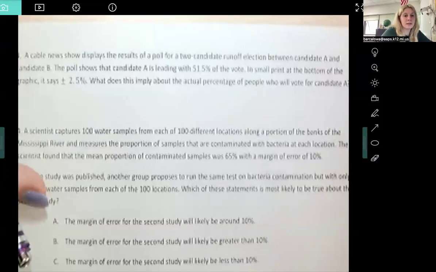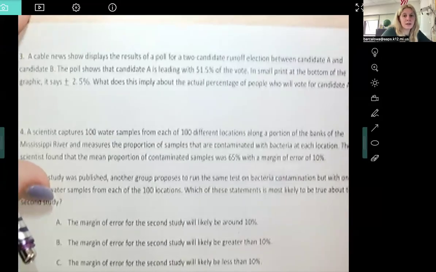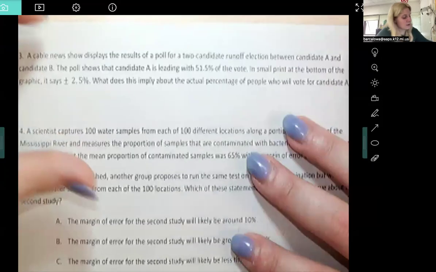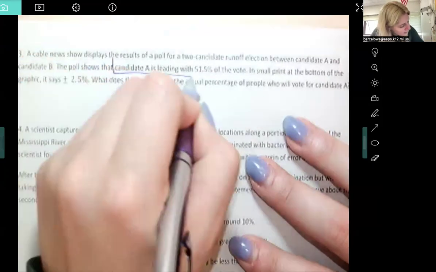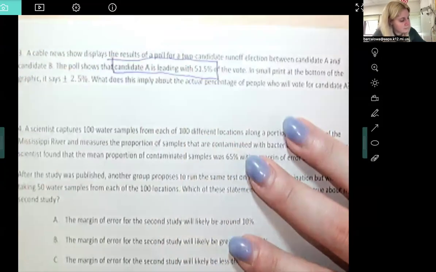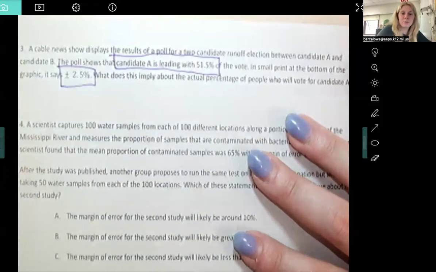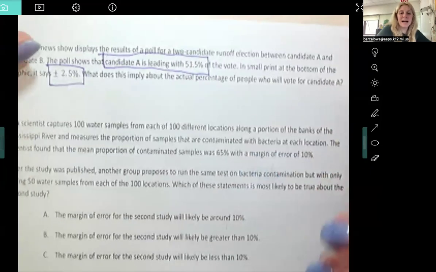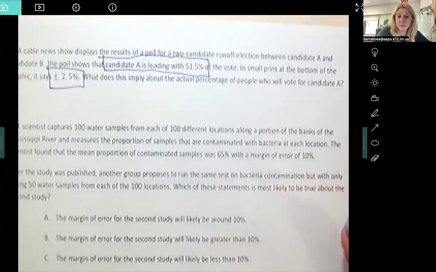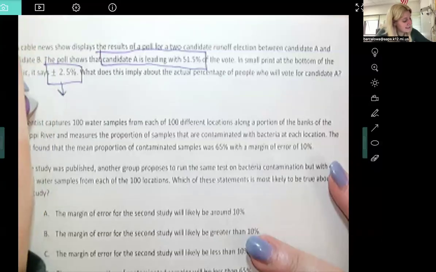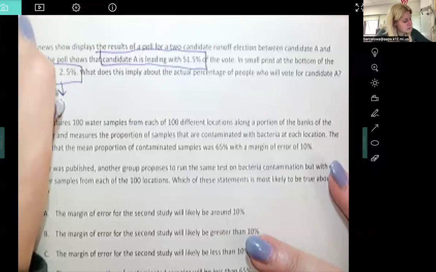A cable news show displays the results of a poll for a two-candidate runoff election between candidate A and B. The poll shows candidate A is leading with 51.5% of the vote, but at the bottom of the graphic, it says plus or minus 2.5%. What does that imply about the actual percentage of people who will vote for candidate A? Okay, the actual percentage may not be 51.5, right? What they're reporting is the margin of error.